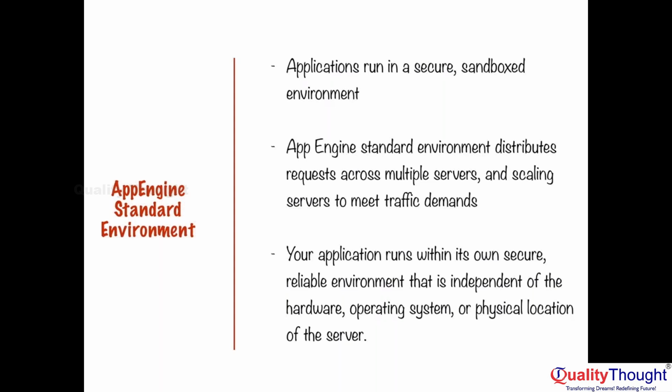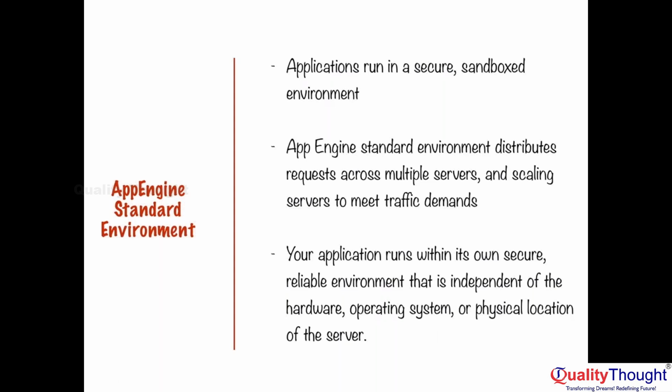So whatever application you deploy in the standard environment will execute within one secure, reliable environment. You need not worry about the hardware, operating system, and physical location; everything is already handled by the standard environment.